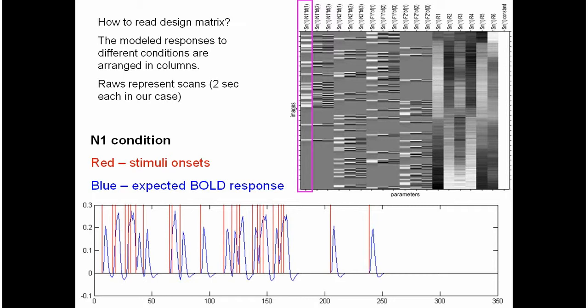In blue, what you can see is the expected bold response, expected hemodynamic response in the cortex. It is achieved from the convolution between the stimuli and the hemodynamic response function. We will talk about this a bit later.